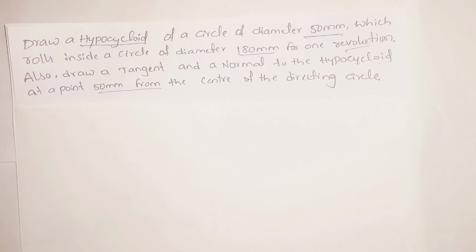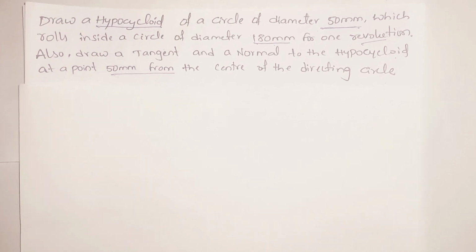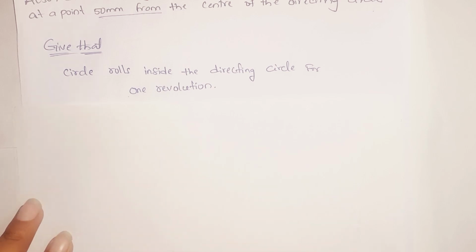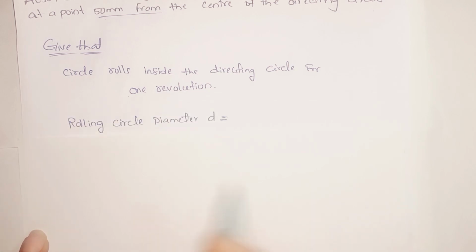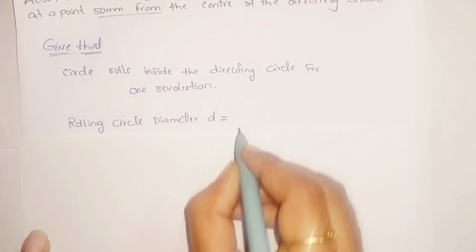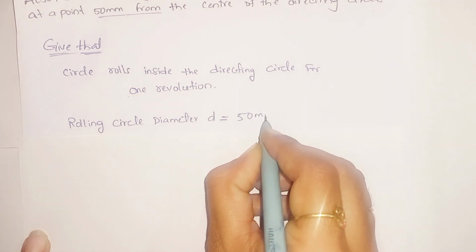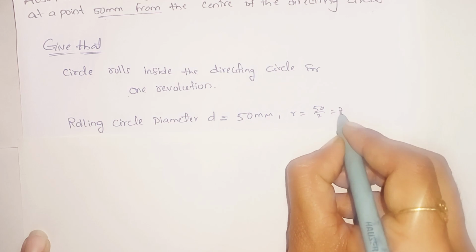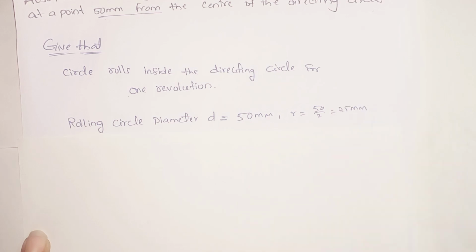So write down the given data first. First, the circle rolls inside the directing circle for one revolution, which is given in the question. Second, rolling circle diameter small d is equal to 50 mm, and small r is equal to 50 by 2, that is 25 mm.